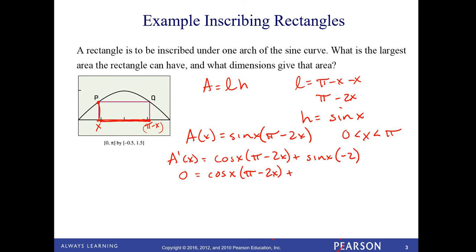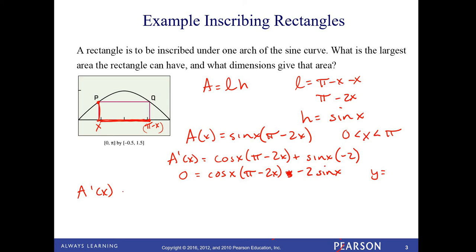Let's write it this way. I'm going to set this equal to 0 and put it into our calculator. And then using our zero function of our graphing, we're going to be able to find our zeros. So A prime of x, and try this yourself, put this into your calculator as a function under y equals, and find your x-intercept or your zeros of the function.